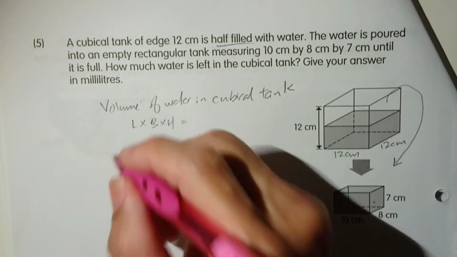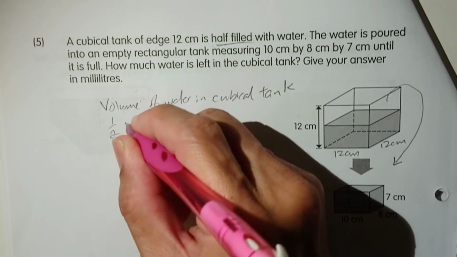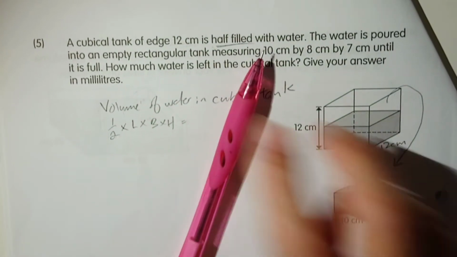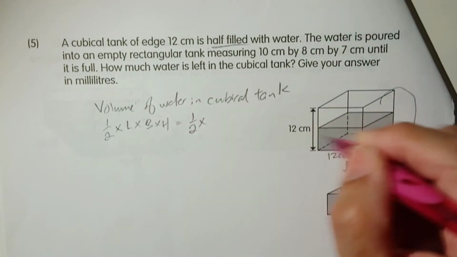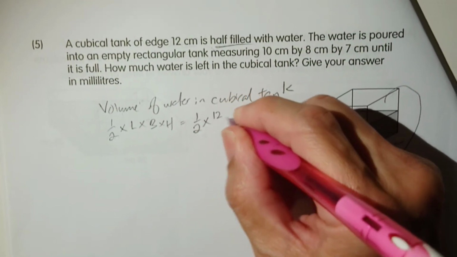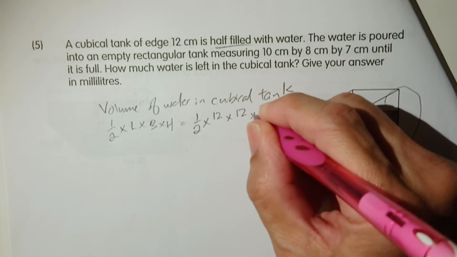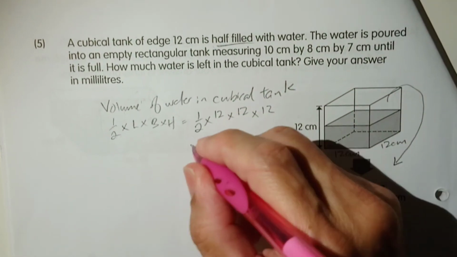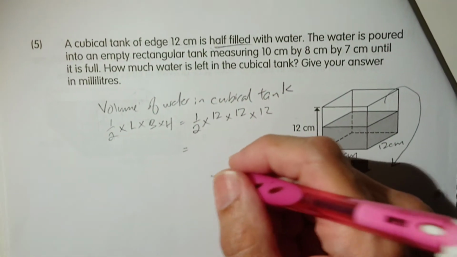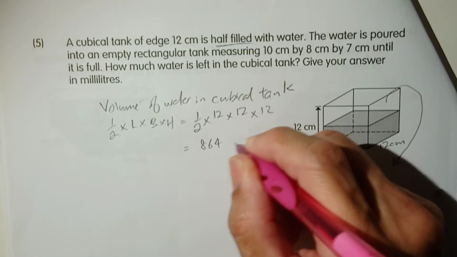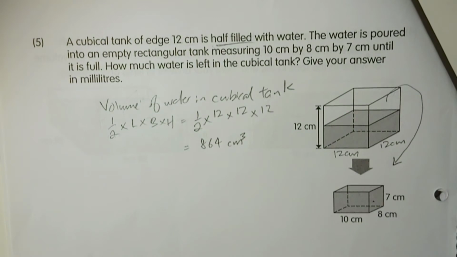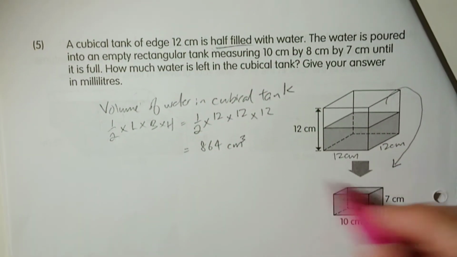So it's half filled with water, that means you got to take half multiplied by length times breadth times height. Okay, so we have half times 12, multiplied by 12, and multiplied by 12. Length times breadth times height. So your answer, if you use your calculator, the answer you should get is 864 cubic centimeters.